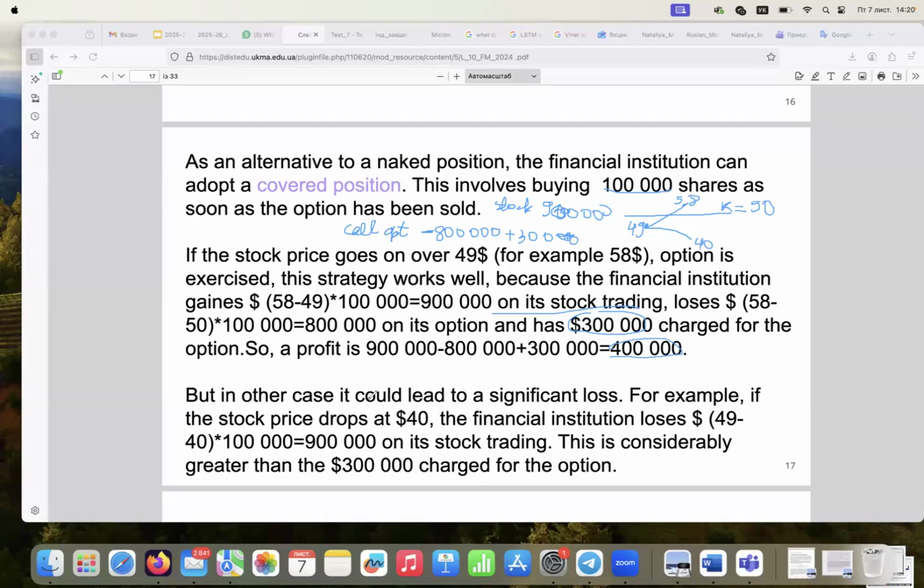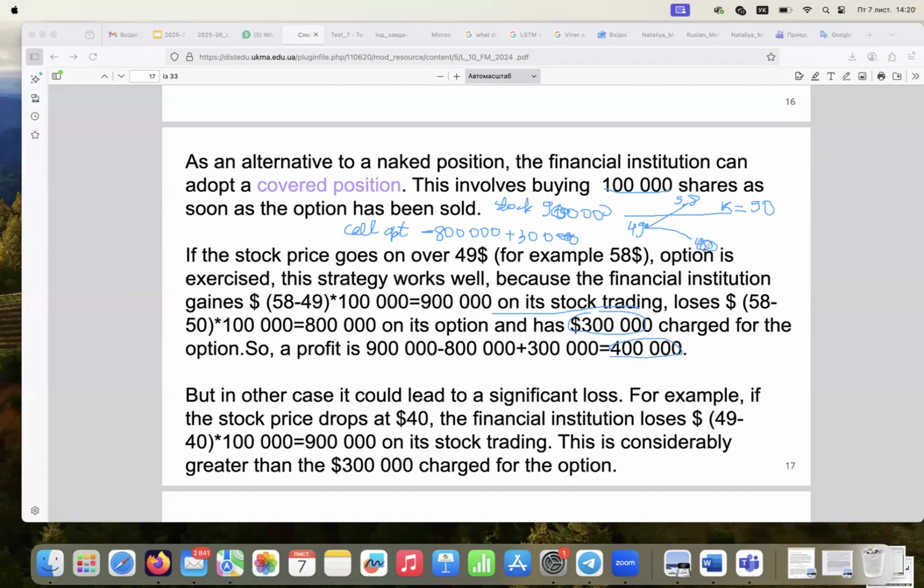But now we would like to consider the down scenario, when the price drops to 40. What can we say about stock trading? It was 49, but now it's 40.